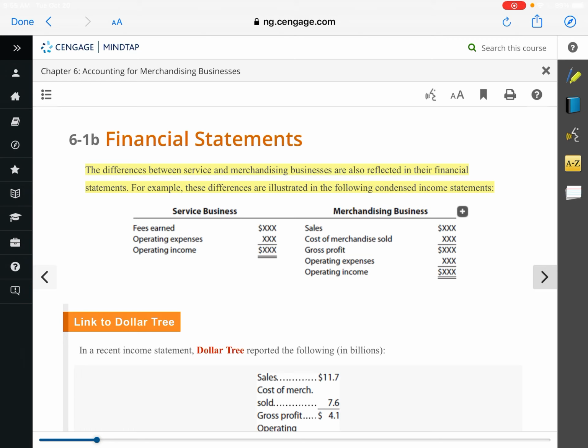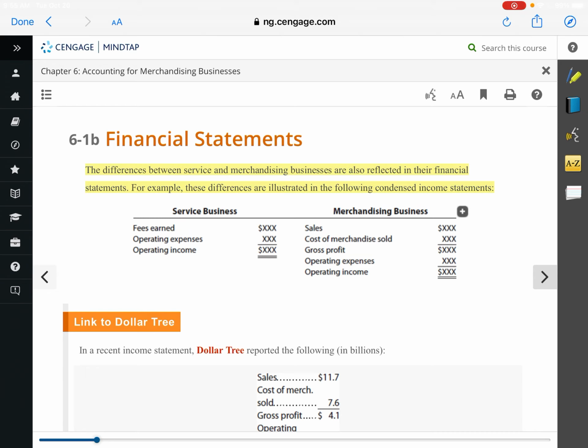And gross profit is a very vital tool in the merchandising business world, because if you're trying to sell an item and you're not making a large enough profit or a certain profit percentage on that item, chances are you're either going to discontinue it or try and do something with it.